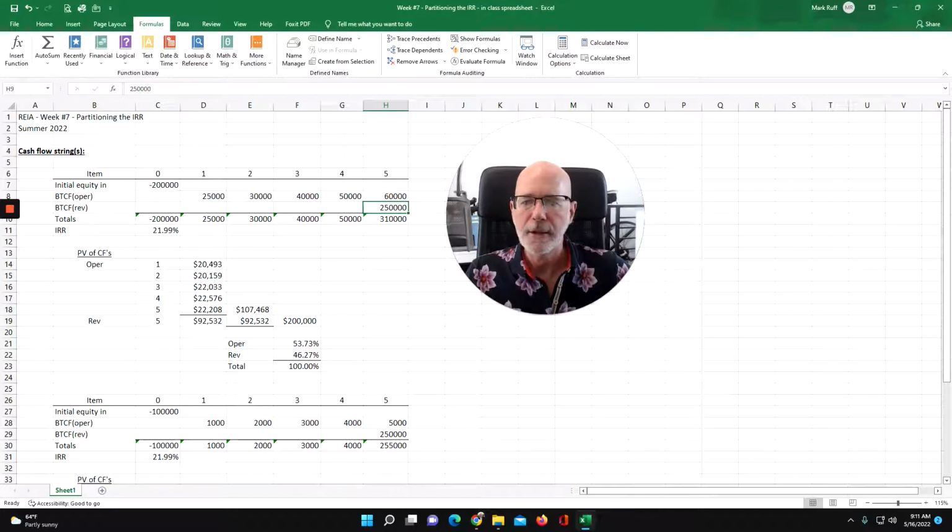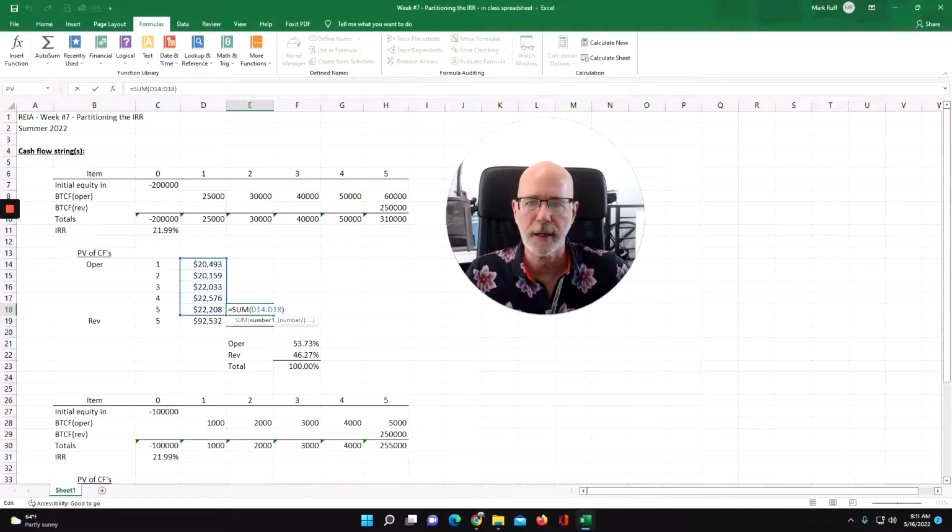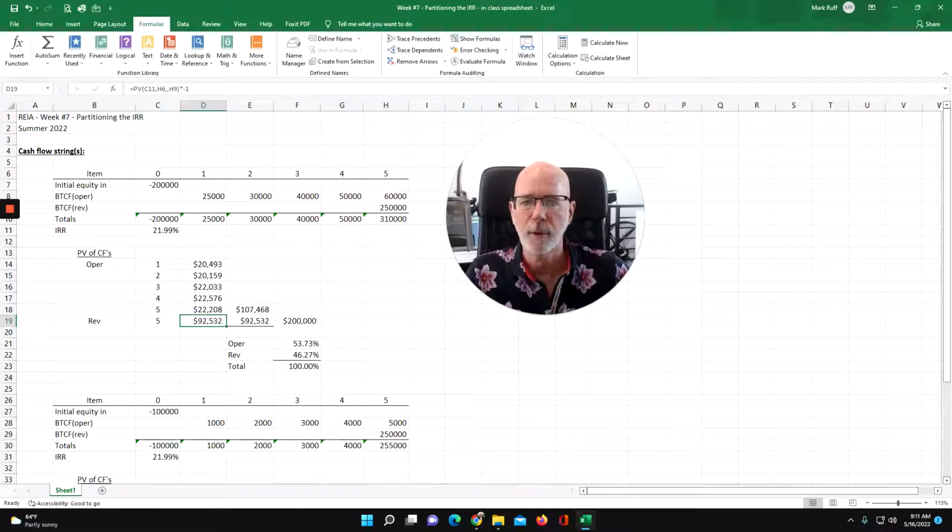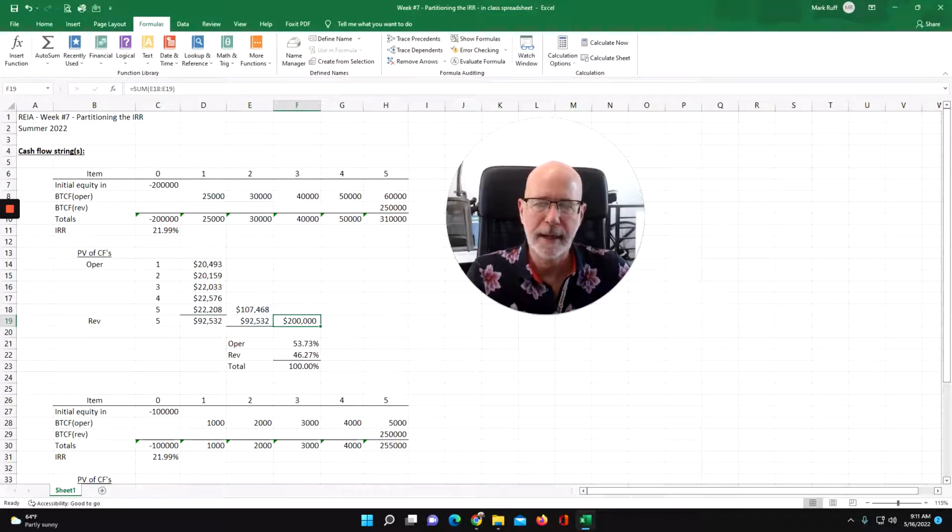So then I just simply add up these two numbers. This is the sum of these operating cash flows discounted back, and then of course, this is just referencing this other future value cash flow for the reversion discounted back to present value. I add these up. These by definition should equal our initial cash outlay.